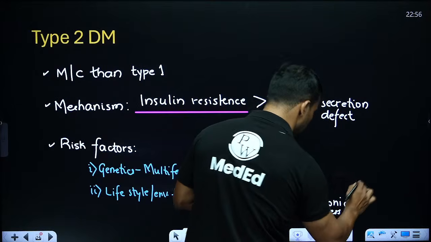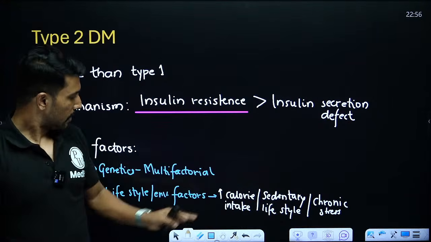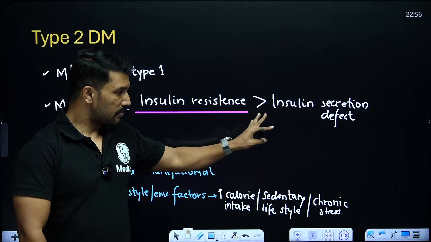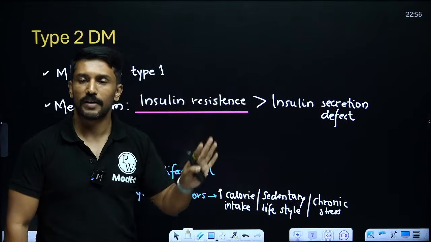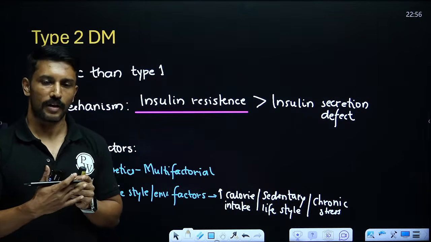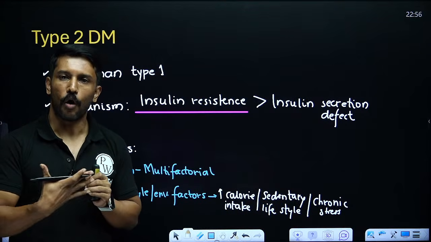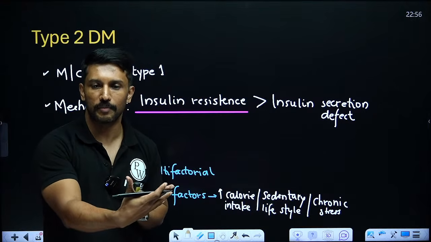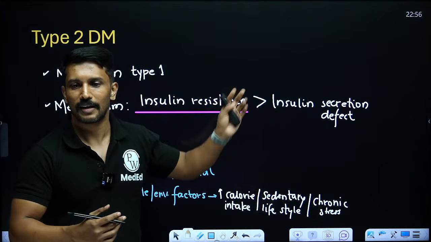These are all important risk factors. And type 2 diabetes mellitus in the early stages, in the pre-diabetes stages, has a perfect chance of reversal. You can halt, slow down, or revert the progression of the pre-diabetes to diabetes if it is type 2.